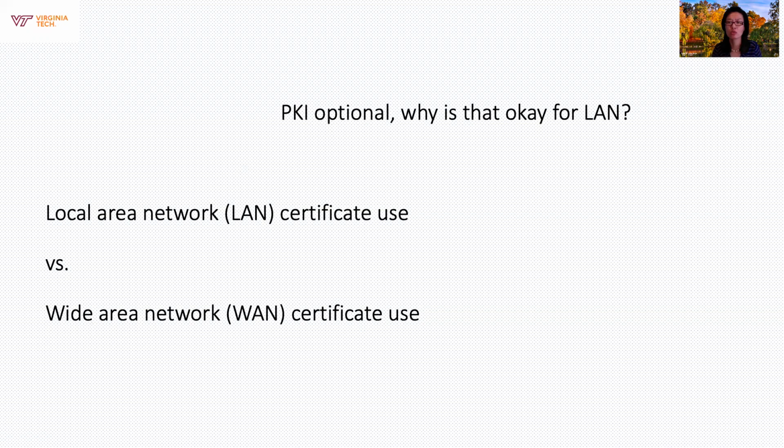On the internet, we said that there's absolutely no flexibility. You just have to use a public key certificate signed by the CA, and there's no workaround there. Why for LAN are there so many options, and some seem not that rigorous? Why is that acceptable?